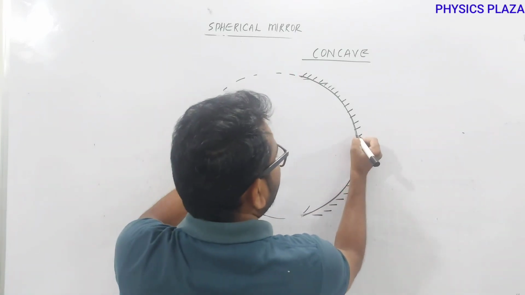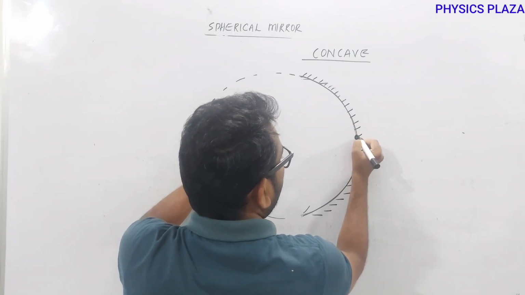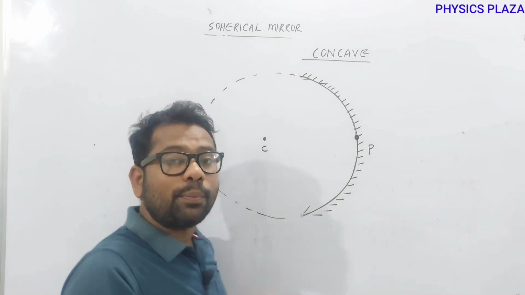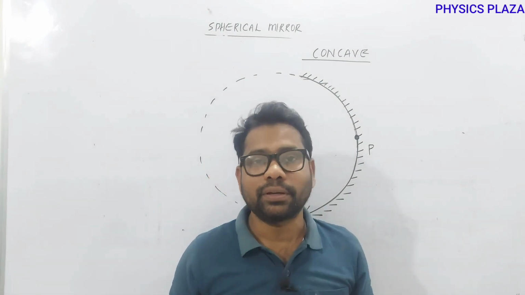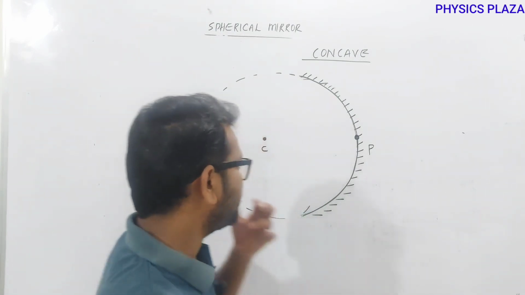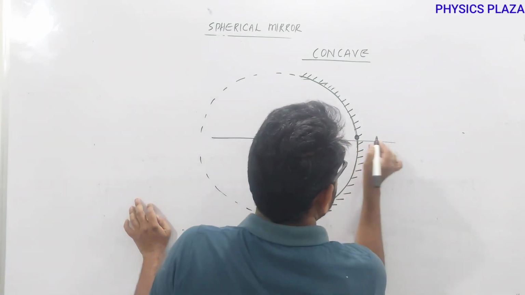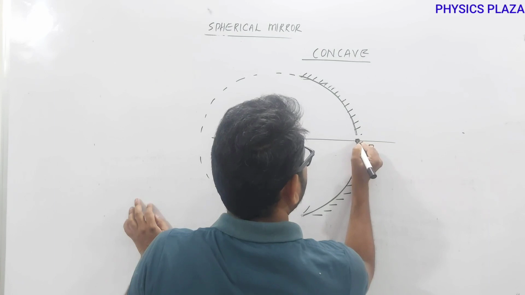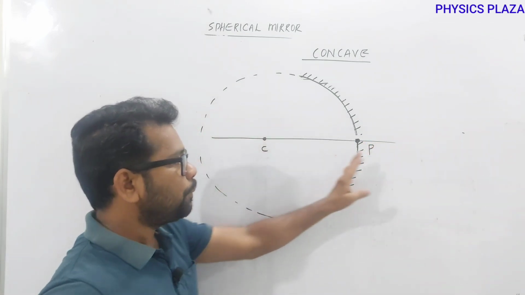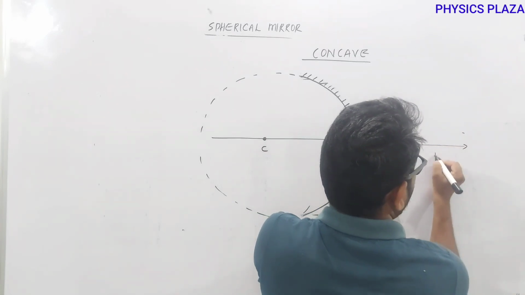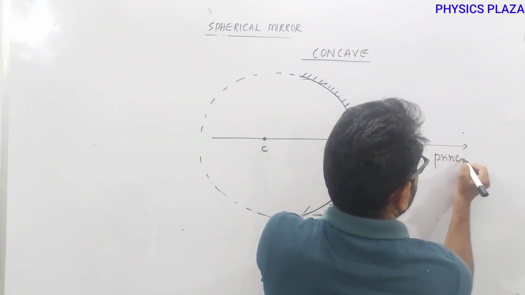And children, at the same time, this spherical mirror also has a geometric center. The geometric center of the spherical mirror is called the pole. Very important. What is a pole? The geometric center of the spherical mirror is called the pole. Fine. And children, the line joining the center of curvature and the pole is called the principal axis.